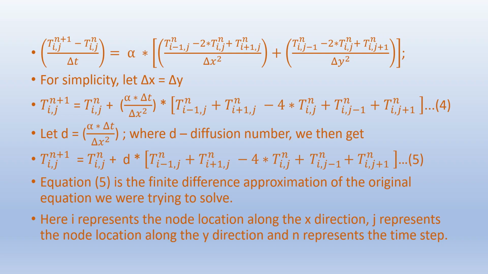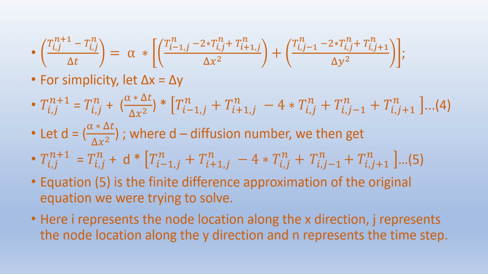Accordingly, we get (Ti,j^(n+1) minus Ti,j^n) over delta t equals alpha times (Ti-1,j^n minus 2 Ti,j^n plus Ti+1,j^n) over delta x squared plus (Ti,j-1^n minus 2 Ti,j^n plus Ti,j+1^n) over delta y squared. For simplicity, let delta x equals delta y.